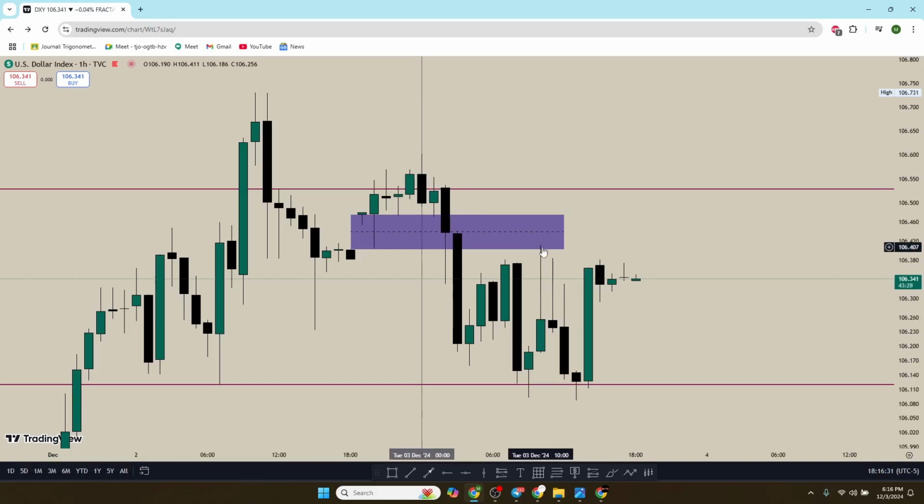This is where, and really we have to look at the time too. What time does price trade up into this gap? 10 a.m. Also, notice that we have a run on stops as well.